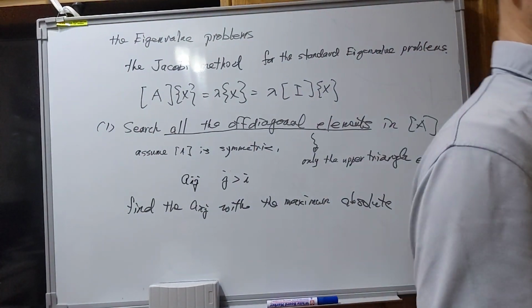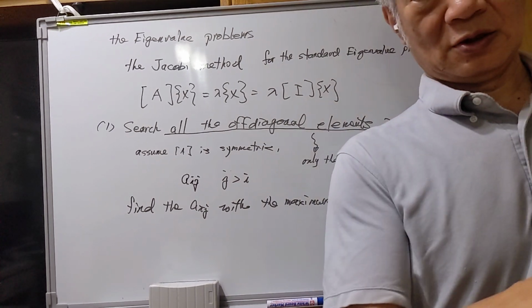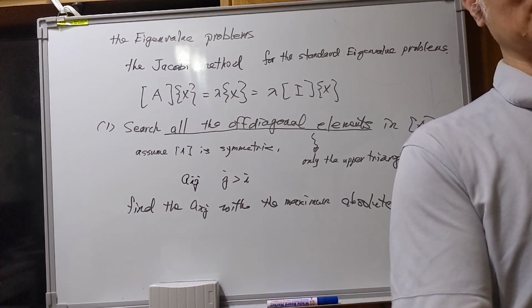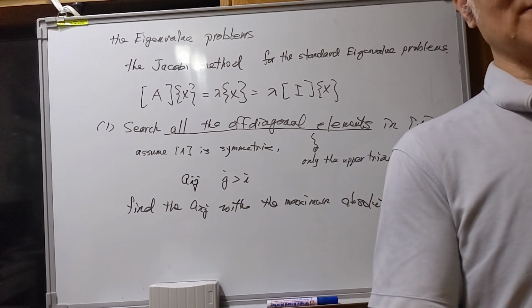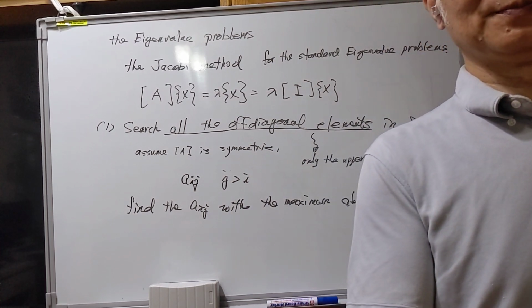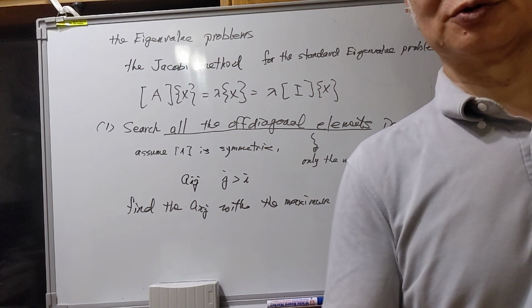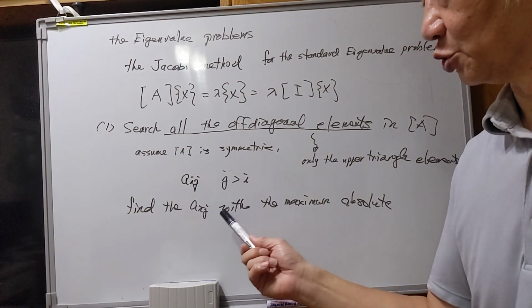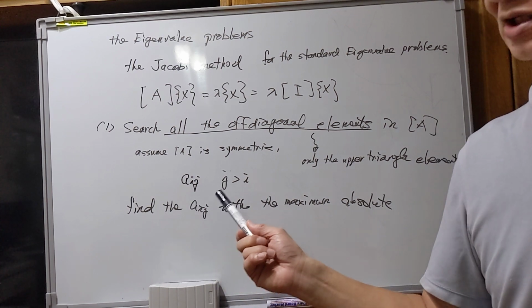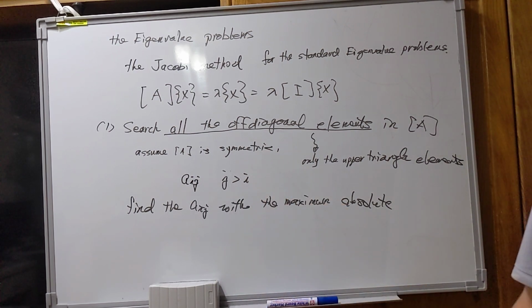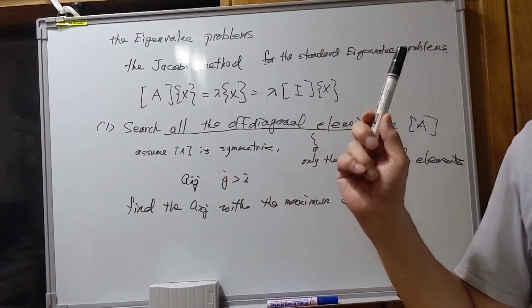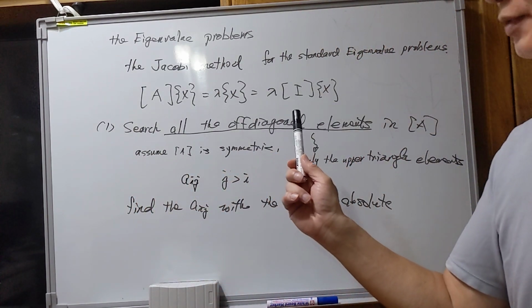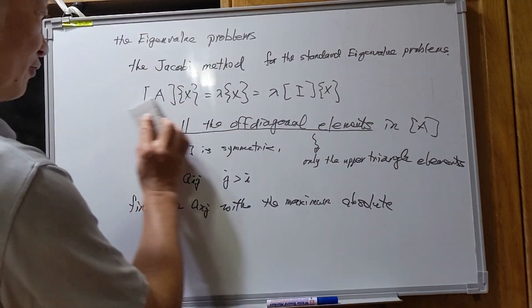We will compare the values of all the upper triangle elements and pick out the element with the maximum absolute value. Let's assume the value is Aij. That's the first step we need to do: search all the upper triangle elements.